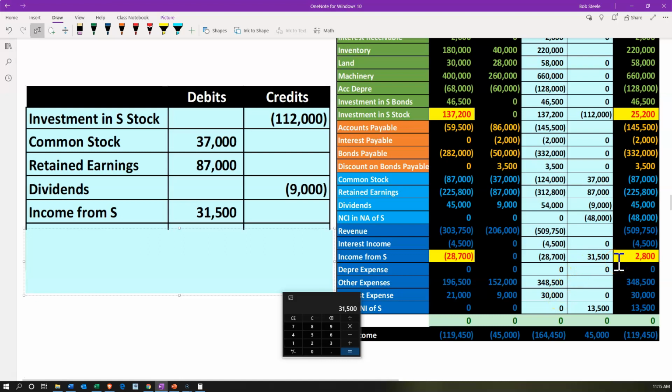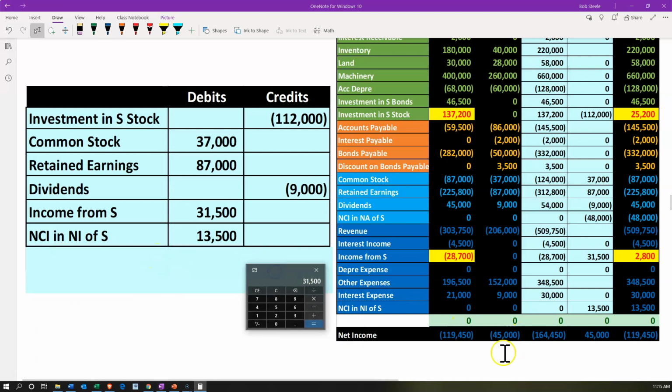We expect it to be 0 at the end of the practice problem. It will be. I'm pretty confident that'll work. We'll get there. So then we've got the non-controlling interest in net income. That's going to be this 45,000 times the 0.3, the non-controlling interest, the 13.5. So there's the 13.5, and the 31.5 adds up to the 45.